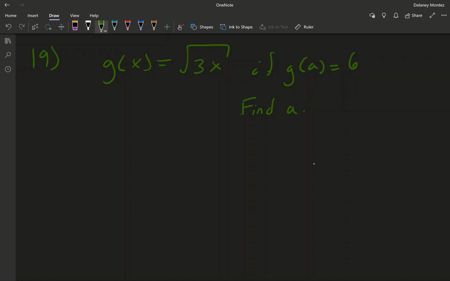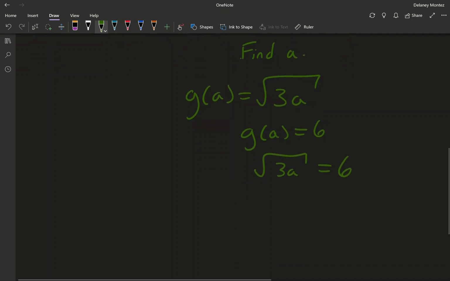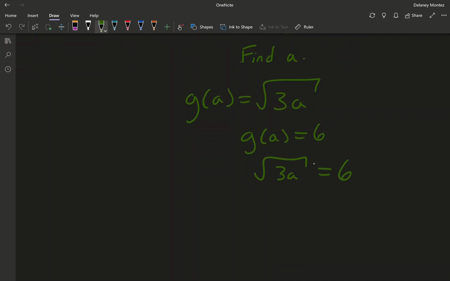We're looking for a, so let's plug in a. So g of a we know is the square root of 3a, right? But g of a also equals 6. So that means the square root of 3a equals 6, because these must equal each other.